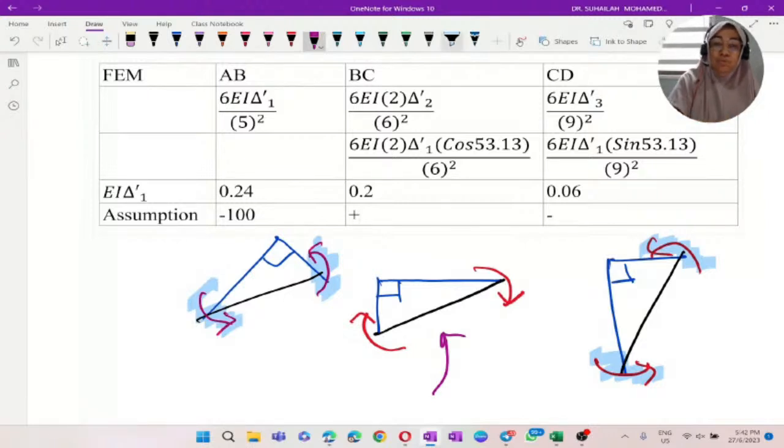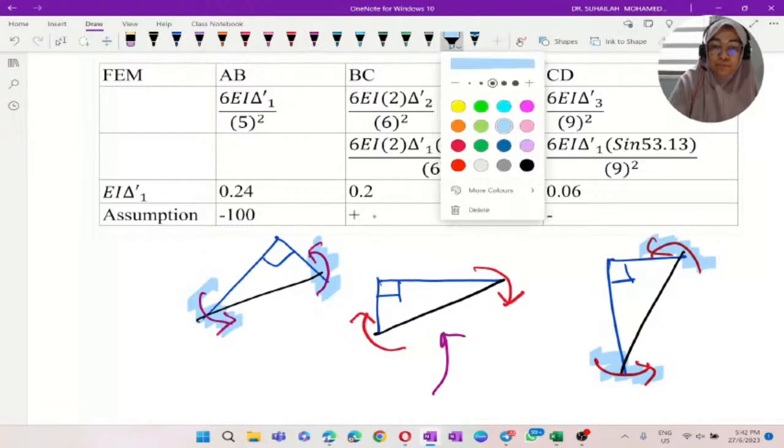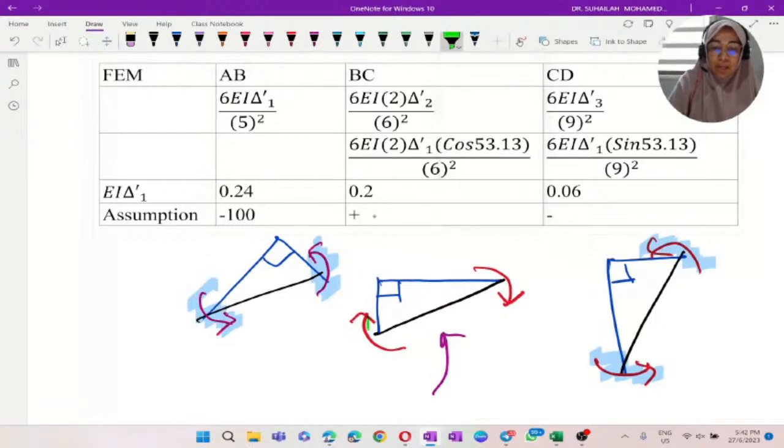So we have to push this point, the two points, back to horizontal position, and the counter moment is in positive direction. So we will get AB negative, BC positive, and CD negative. So having this, we can use interpolation to calculate the value for BC and for CD.